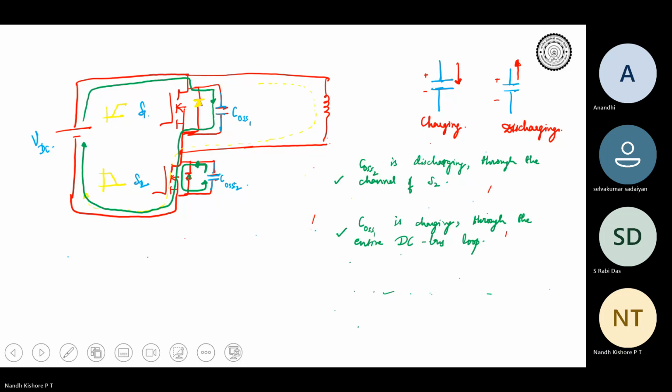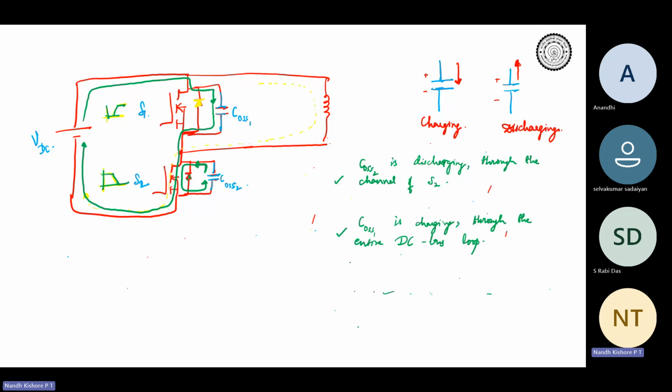Okay. So this is how the charging and discharging for COSS1 and COSS2 are going to happen. So during this period, let's assume that there is a constant current flowing.